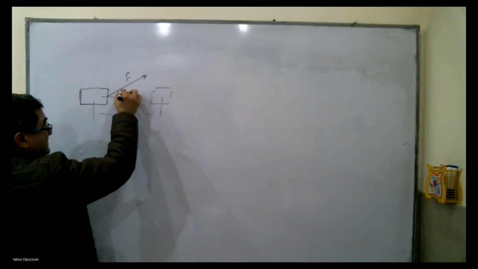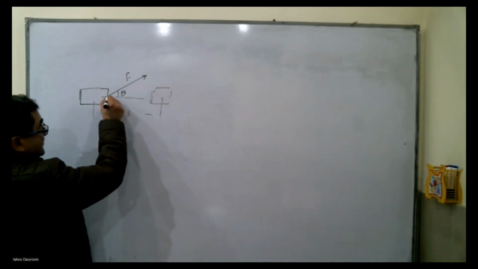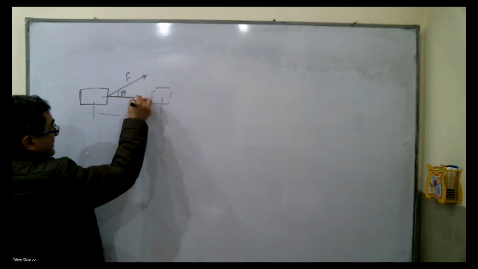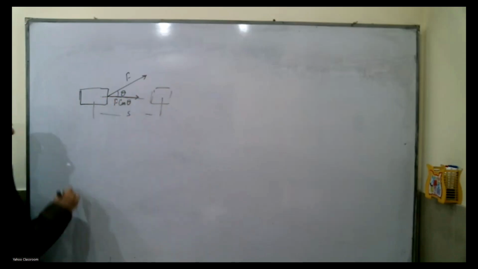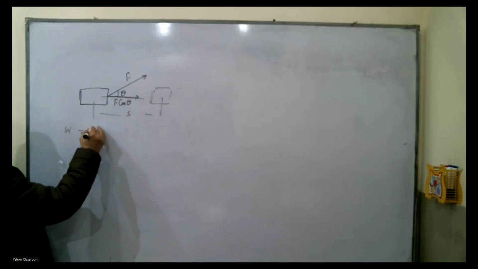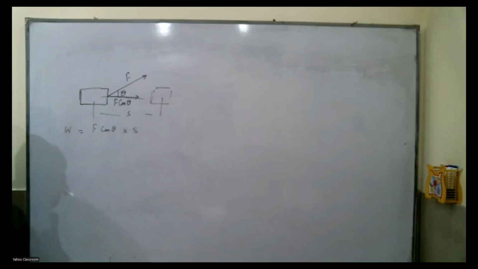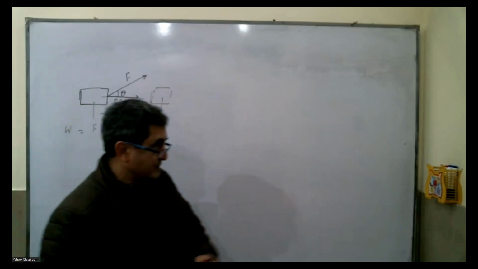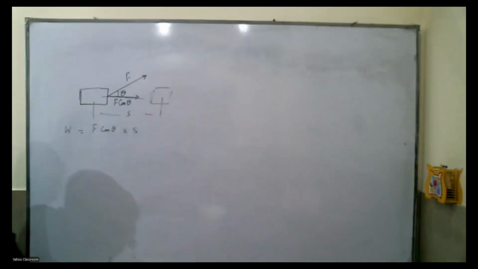In this case, work will not be F into S. You have to find the component of force in the direction of displacement, F cos theta. So work will be F cos theta into S, because only that component will be considered which is in the direction of displacement.